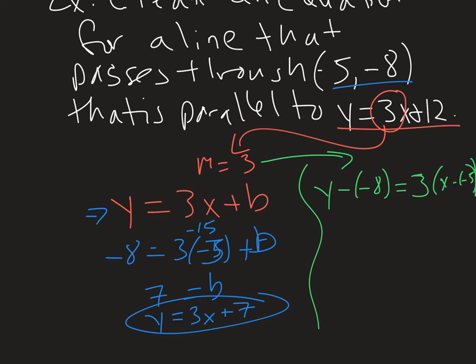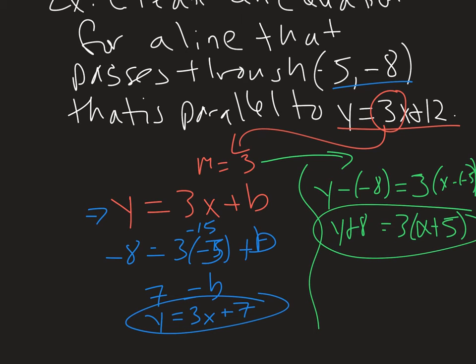We could get rid of the double negative, so we could say y plus 8 equals 3 times x plus 5. This would also work. It's an equation that is the same. These two equations are equivalent. If I was to manipulate this green one to get it into slope-intercept form, it would be this one that I have in blue. They both will work. They both are equations that can describe that line.